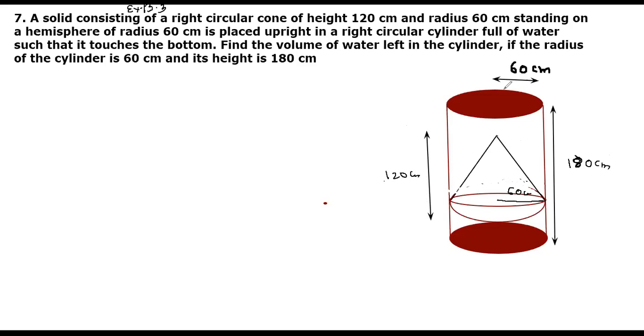The total volume of the cylinder minus the volume of this solid placed inside. Suppose this is capital R, although both R are the same, and this we take as small r, and its height we have to find out.